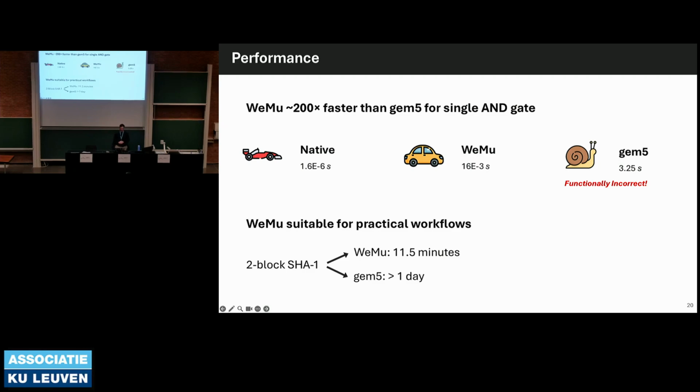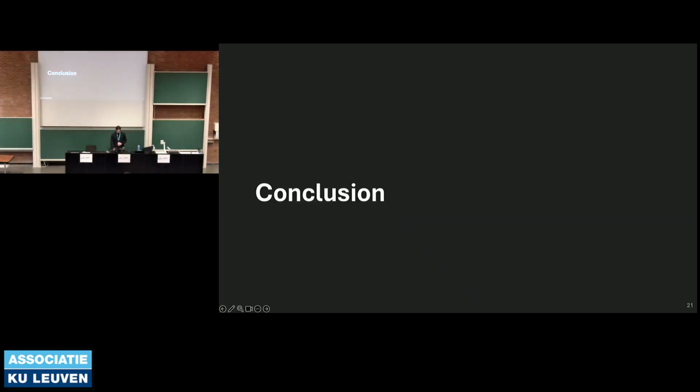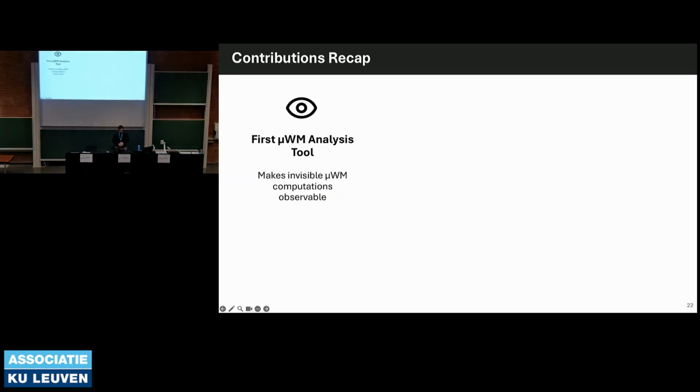We also demonstrated that WeMu is suitable for practical workflows. Specifically for the 2-block SHA-1 algorithm, you would have to wait 11.5 minutes for WeMu to complete, and for Gem5 that would take you more than a day. So to conclude now, we introduced WeMu, which is the first analysis tool for microarchitectural weird machines, making previously hidden computations observable.